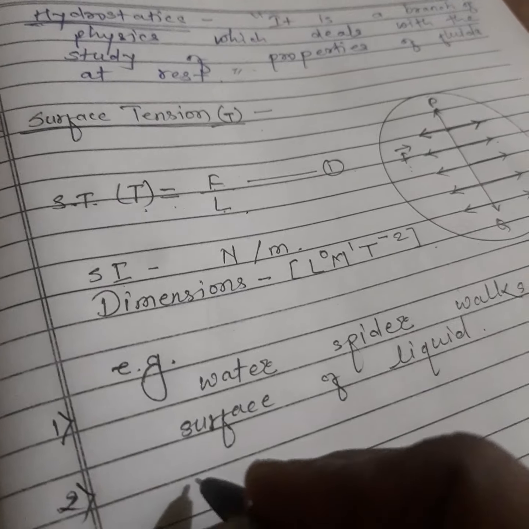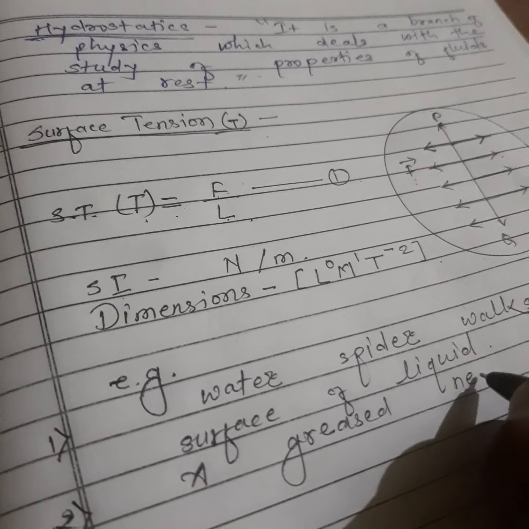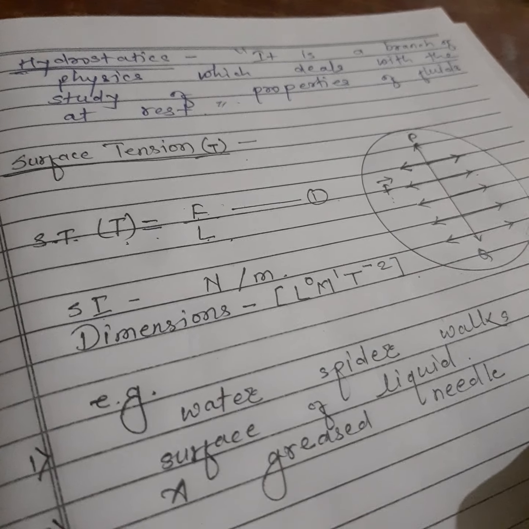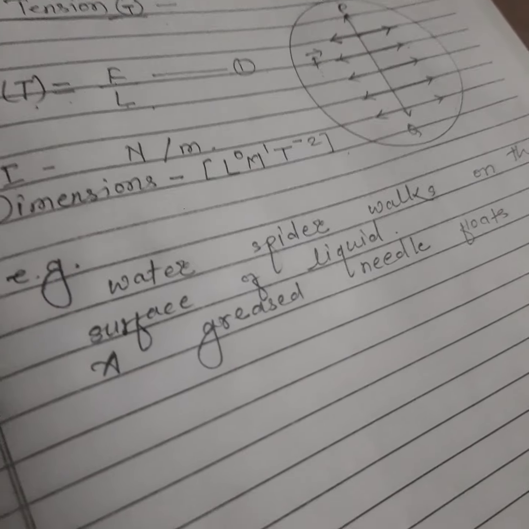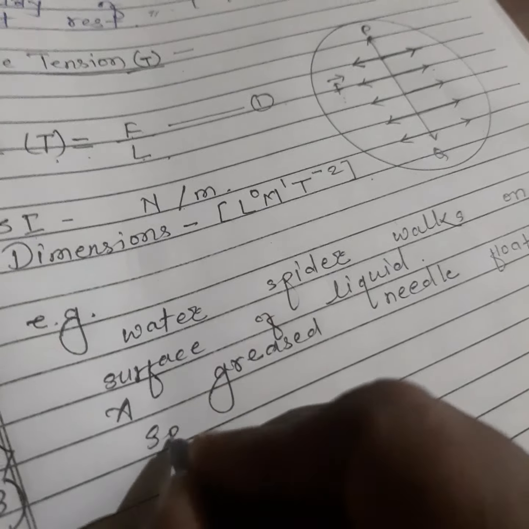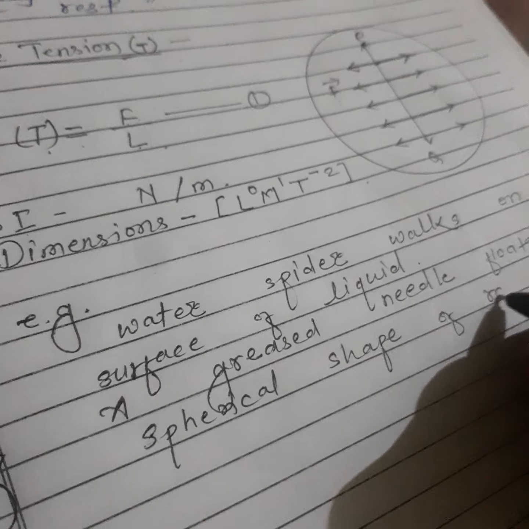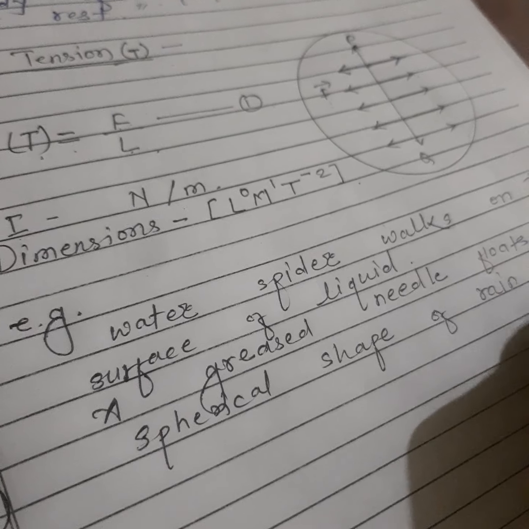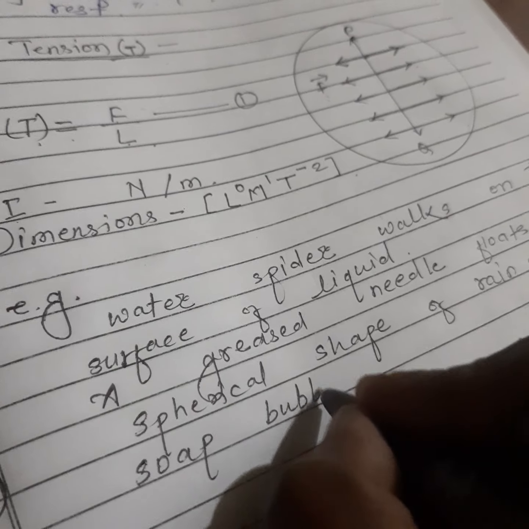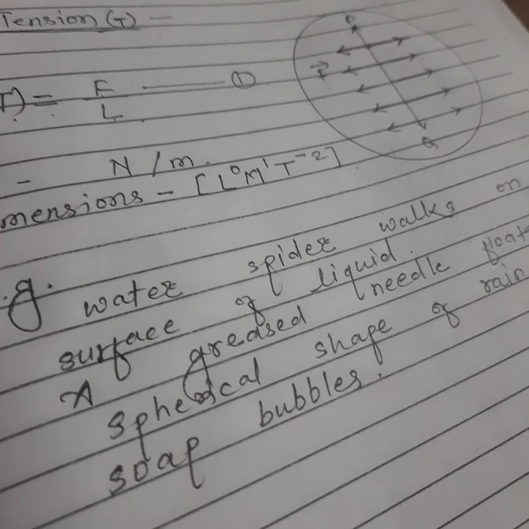Second one, a greased needle floats on the surface of liquid. Third one is the spherical shape of raindrops and soap bubbles. These are the examples of surface tension.